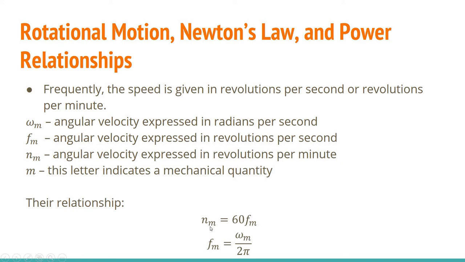Angular velocity expressed in revolutions per minute is just equal to 60 times angular velocity expressed in revolutions per second. And angular velocity in revolutions per second is just equal to angular velocity expressed in radians per second divided by 2 pi. So, memorize these symbols.